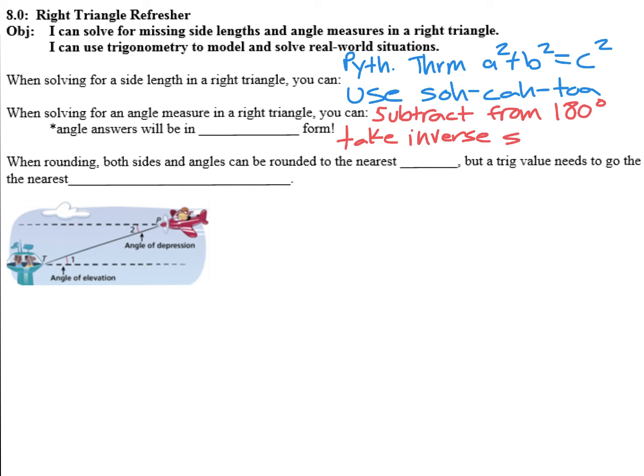The other option is you can use another equation involving SOHCAHTOA. You just need to use the inverse if you want to get an angle. By the way, when we're doing these kinds of triangle problems, we always stay in degree form.